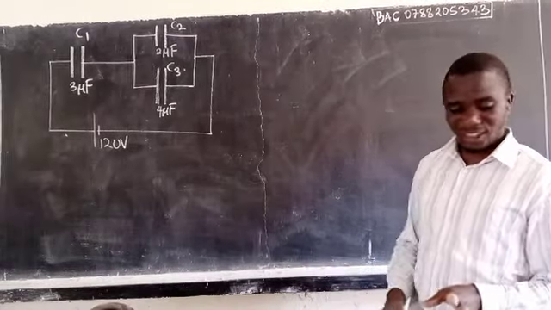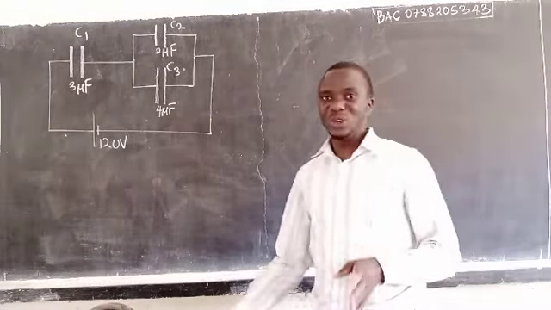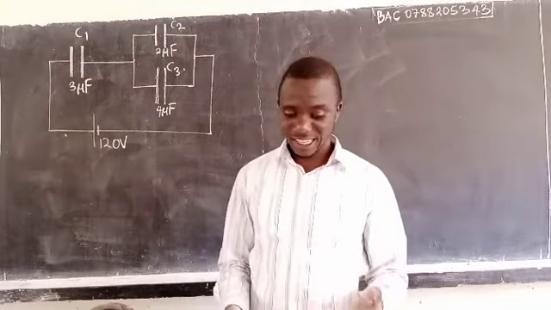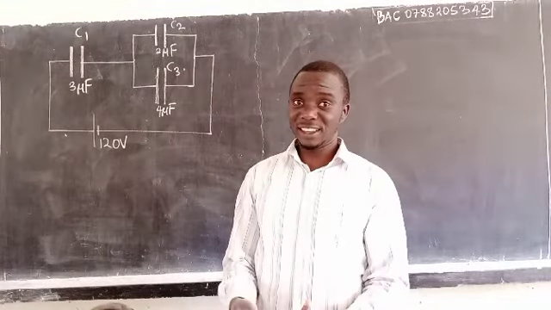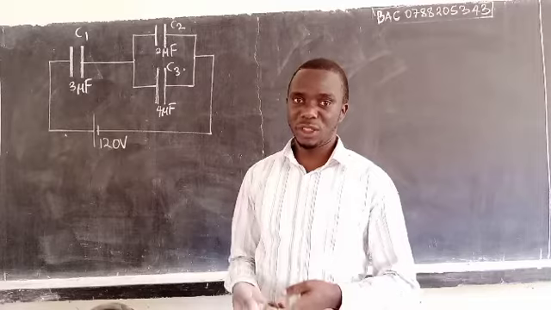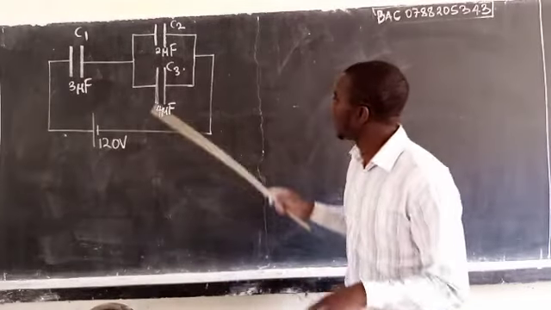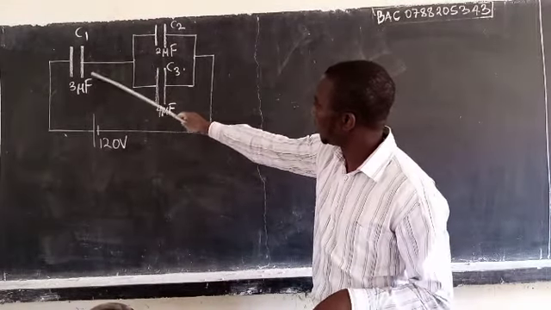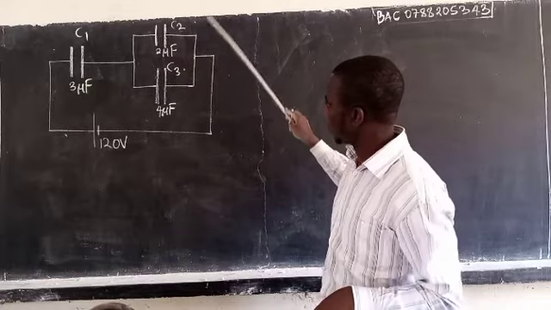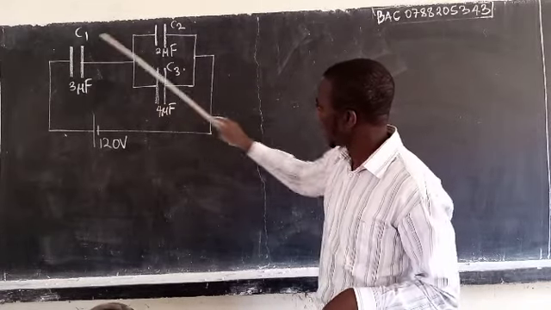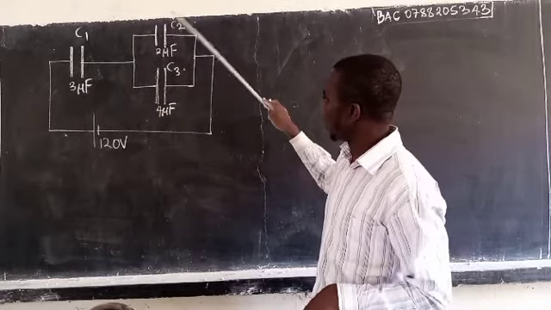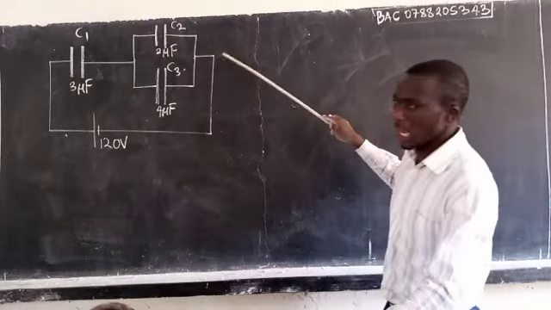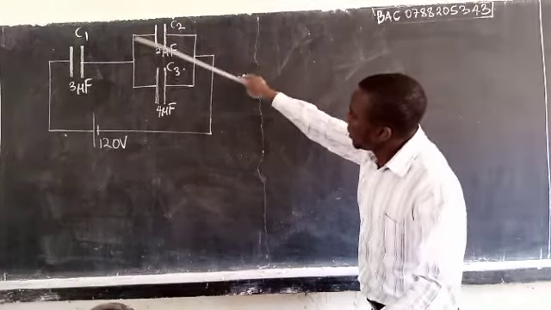So we have to get the effective capacitance. What do we do first? I said we first look for which ones are in series, which ones are in parallel, then how do I handle them? For instance, you cannot say this one is in series with this, then is in series with that. No. These ones are close to each other, so you can first handle these ones.